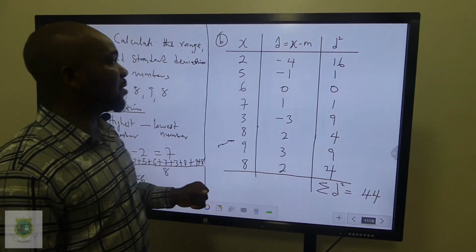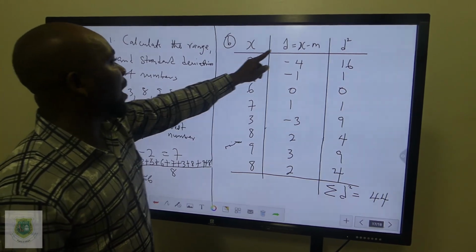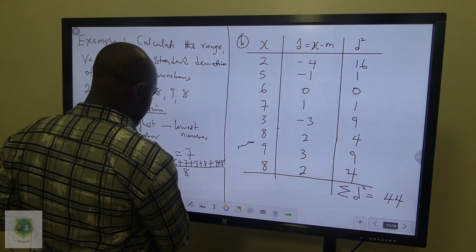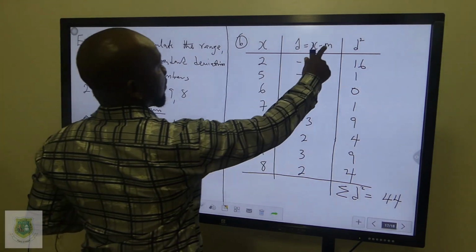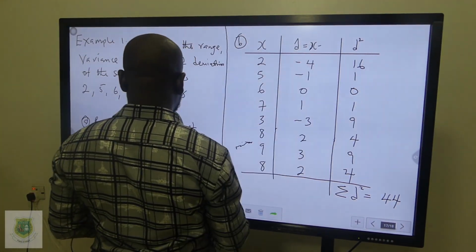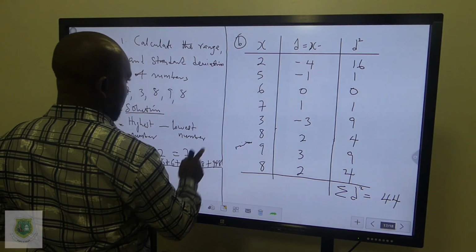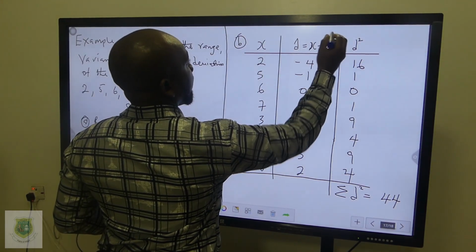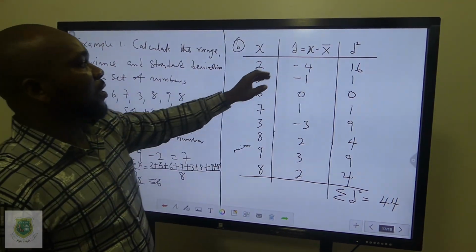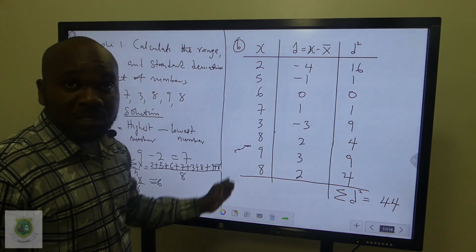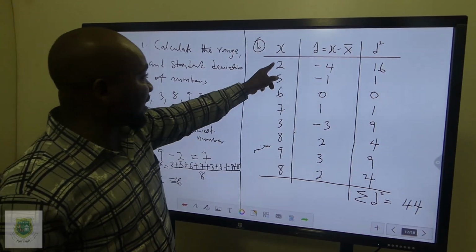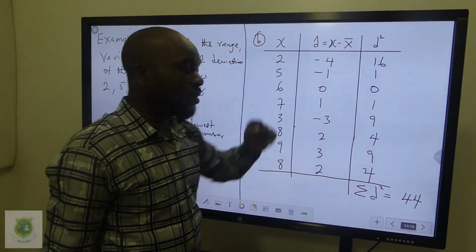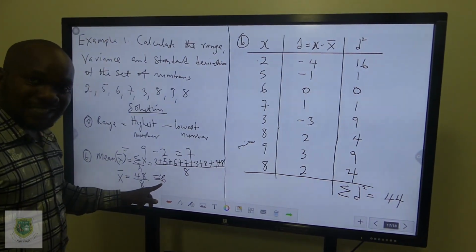Deviation means this number x minus the mean. So, you are going to determine the deviation in each of these. And what is deviation? x minus mean. Our mean is what? 6.